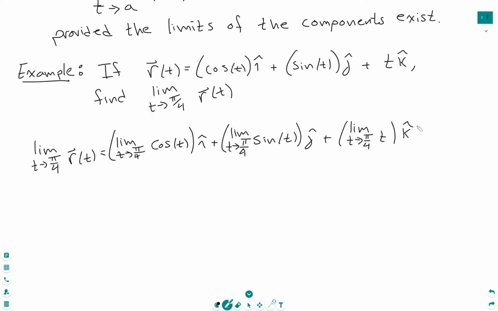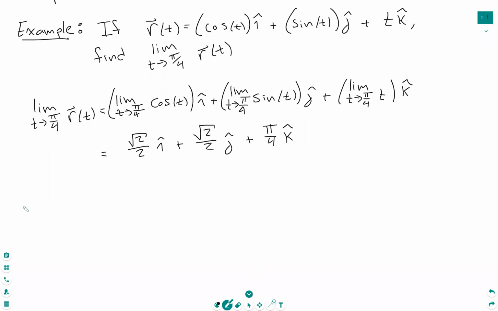So luckily, all of these components are continuous functions, so it's pretty easy to take the limit of these guys here. Here I have root 2 over 2 i hat plus root 2 over 2 j hat, and then pi over 4 k hat. So that's our limit.